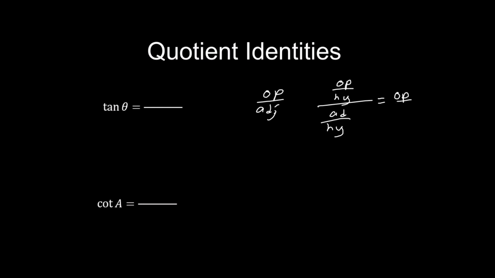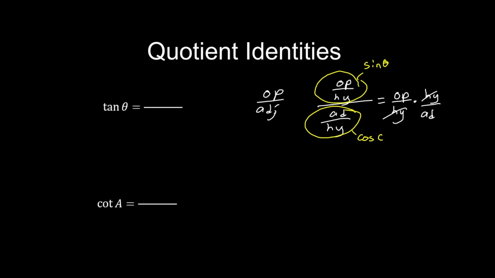So keep, change division to multiplication, and flip hypotenuse over adjacent. Well, these hypotenuses cancel out, and I'm left with opposite over adjacent. So what I can say is opposite over hypotenuse, well, that's the sine of theta. Adjacent over hypotenuse, that's the cosine of theta.